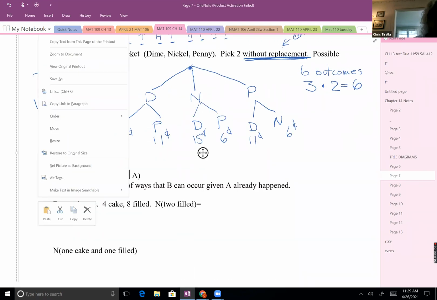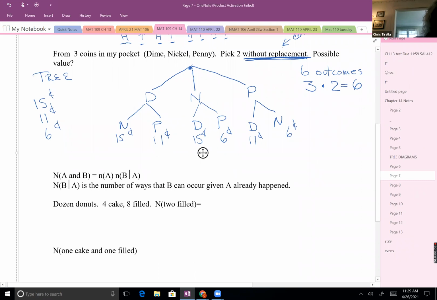But we're adding to that idea of the first coin and the second coin, multiplying. That word "and" tells me to multiply.